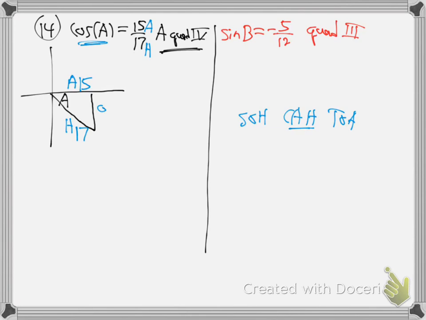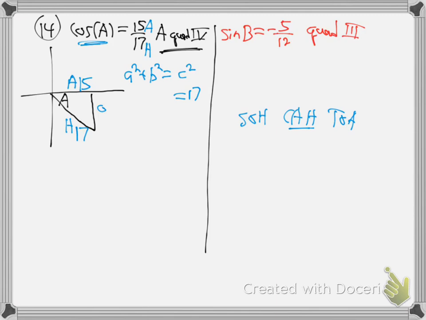Good so far? Remember making these triangles, the same kind of triangles we made before. I just put it where they told me, quadrant 4. Adjacent is 15, hypotenuse is 17. That's cosine. So I've got to find the other side. How do I find the other side? Pythag, right? So a squared plus b squared is c squared. Which one's the c always? The hypotenuse.